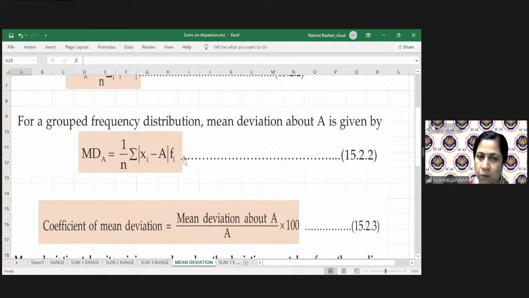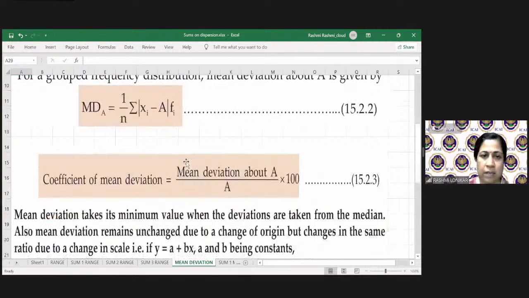Xi will be the midpoint, a is the mean, and f is the frequency of that class interval. Then the relative measure of dispersion is the coefficient of mean deviation, which is given by mean deviation about a upon a. So I find this mean deviation, then divide it by the mean and multiply by 100, which will give you the coefficient of mean deviation.